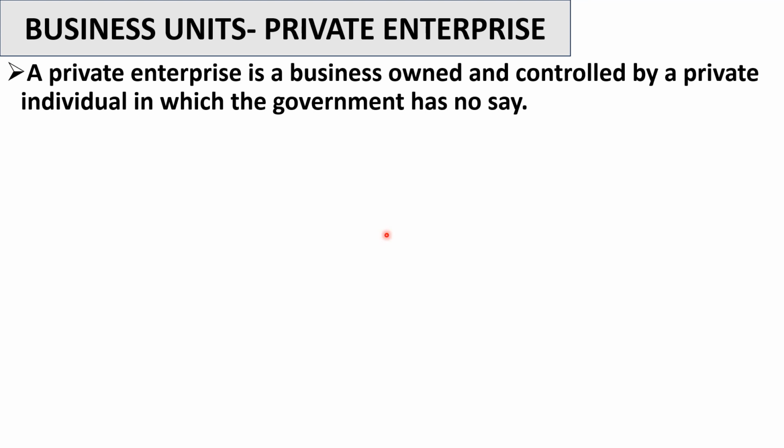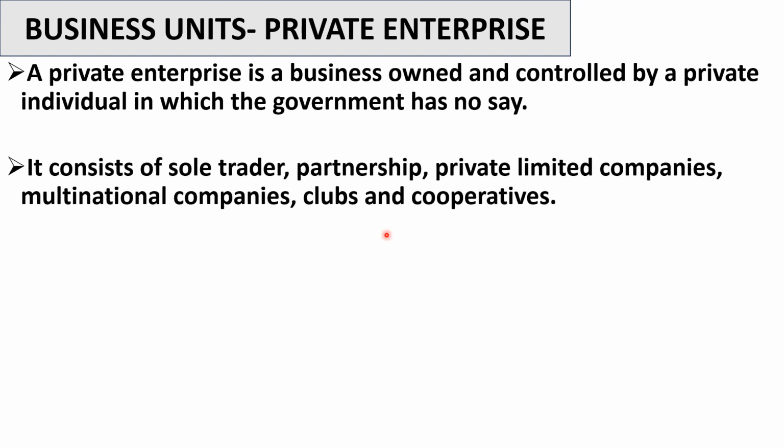Examples of private enterprises include sole trade, which we're going to discuss in a few minutes, partnership, private limited companies, multinational companies, clubs, and cooperatives. These are examples of private enterprises.